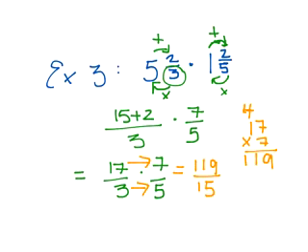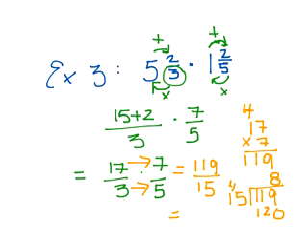I'm going to go ahead and divide that so I can see if I can simplify this further. So 119 divided by 15. 15 goes into 119 a total of 8 times.